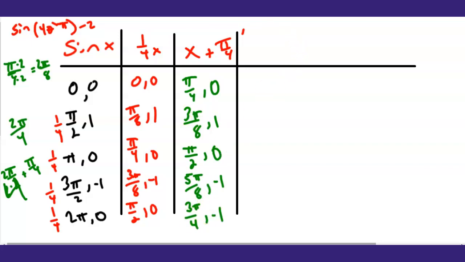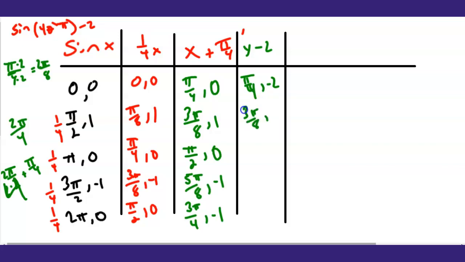Then we need to add in the y value. All we have is down 2, so y minus 2. So all these x values will stay the same. All right, 3 pi over 8, negative 1.